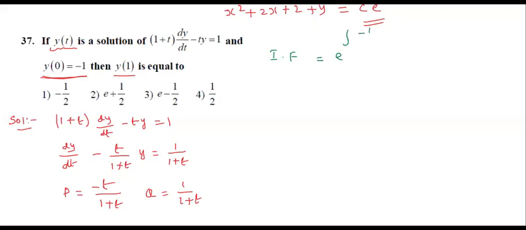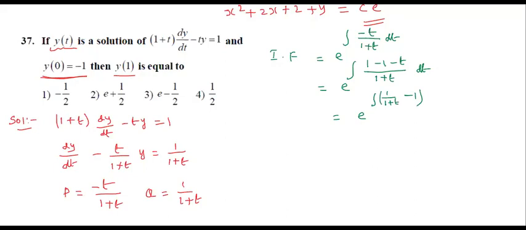P means minus t by 1 plus t dt. Students, how to find this? Minus t by 1 plus t. Do one thing: e power integration, add 1, subtract 1. Then calculate and we get the answer. So here e power integration 1 by 1 plus t minus 1 dt, because minus 1 minus t, take 1 unit and take minus common, split it.